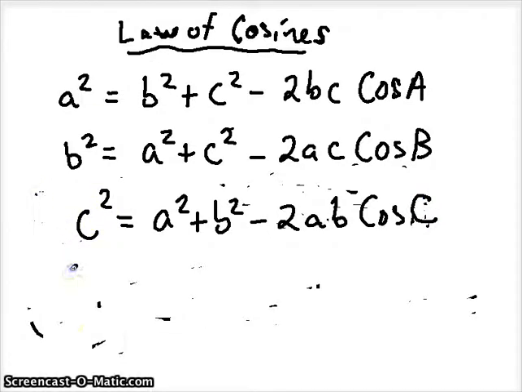There you go, so there's all three of our equations. If you take each of those and solve them in terms of your angle measurement, it makes life a lot easier. Alright, let's do some examples here.